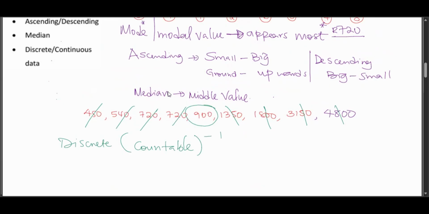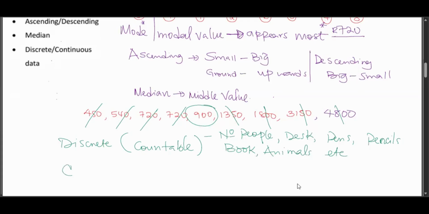For example, number of people, number of discs, pens, pencils, books, animals. The values that you can count, they become discrete.